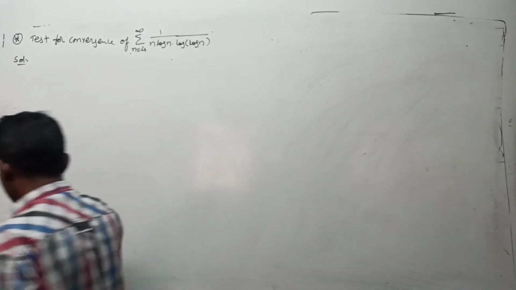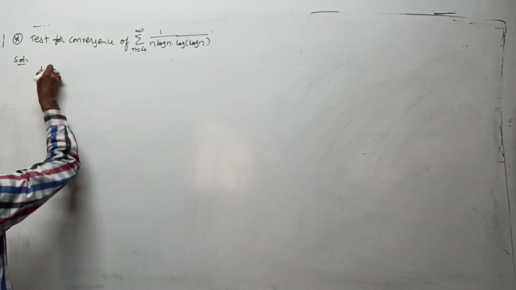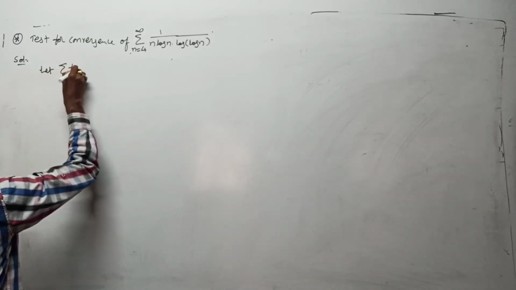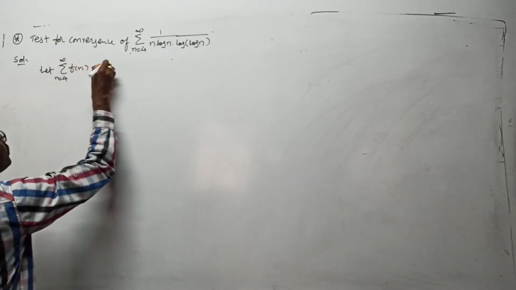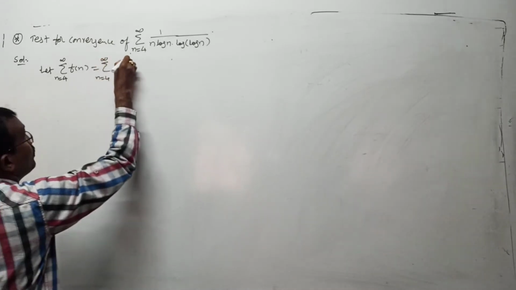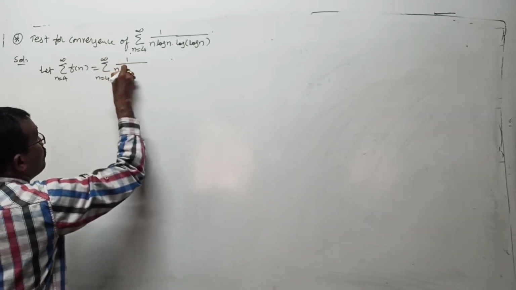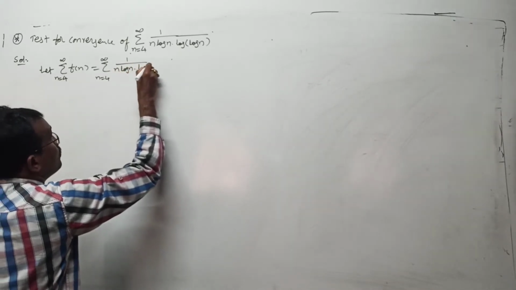First take your given series as sigma f of n. Let sigma f of n from where to where here? n equal to 4 to infinity is equal to sigma n equal to 4 to infinity of 1 by n into log n into log of log n.